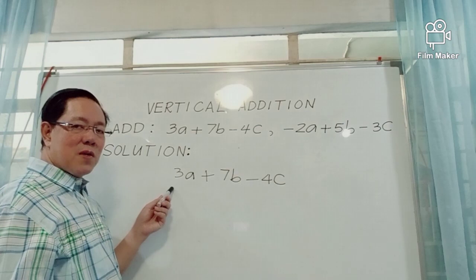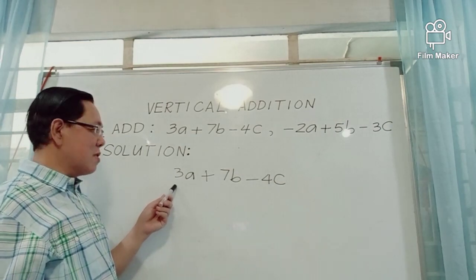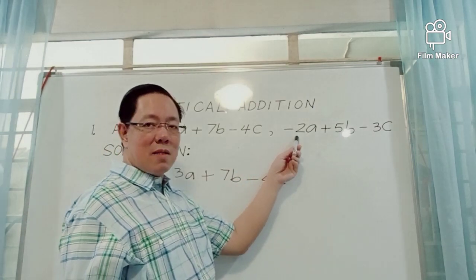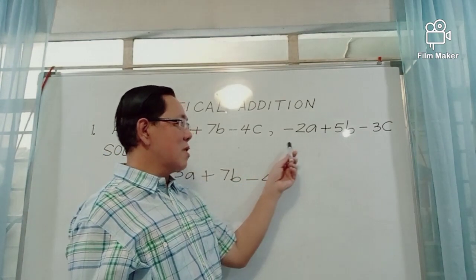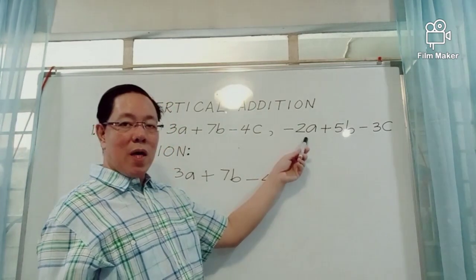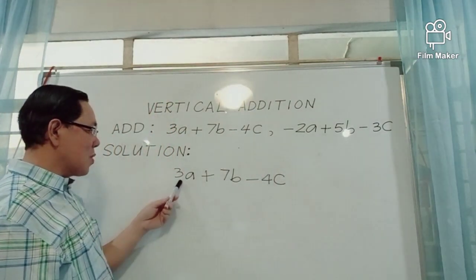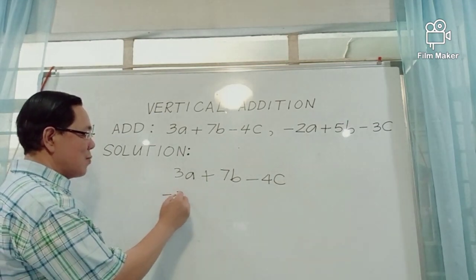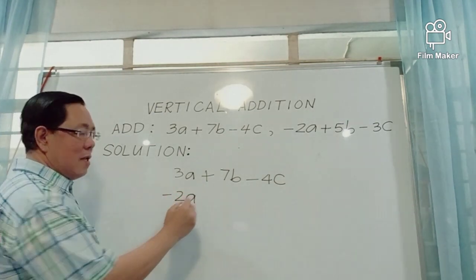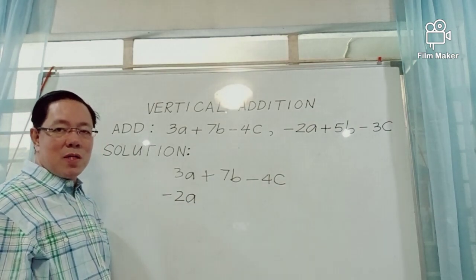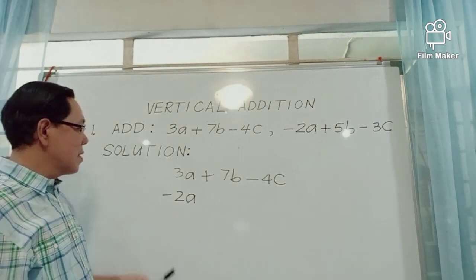Under this first algebraic expression, which is a trinomial, we write the second algebraic expression, which is another trinomial. And we write negative 2a in the same column as 3a, because as we said, like terms must be in the same column when using vertical addition.